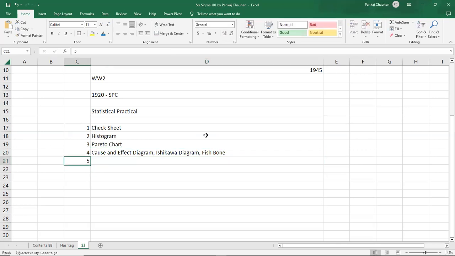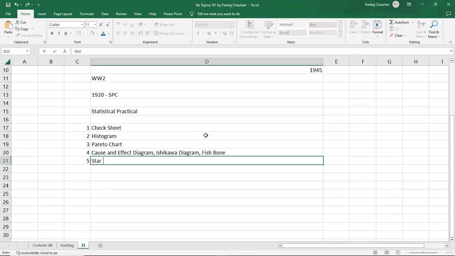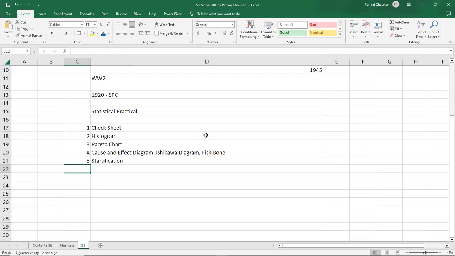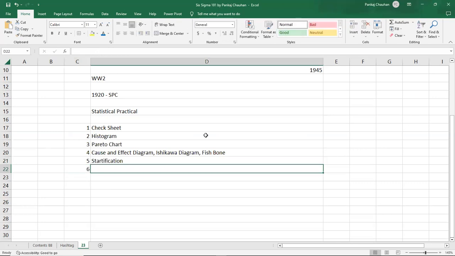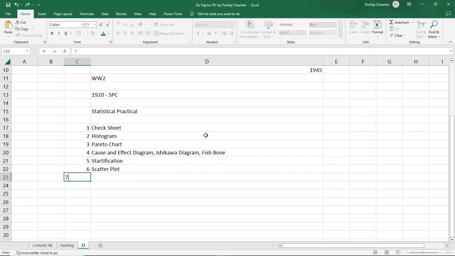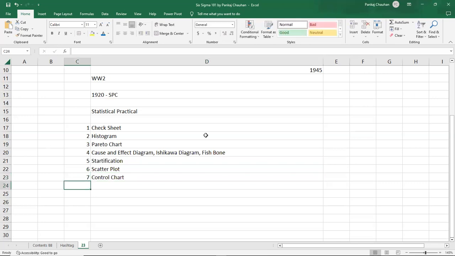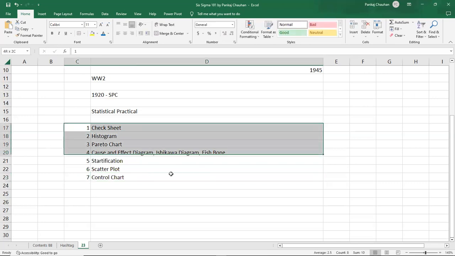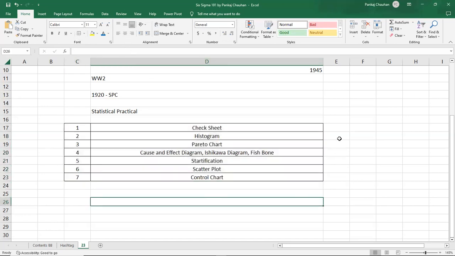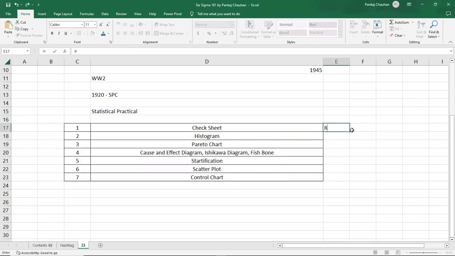Number 5, stratification. Number 6, scatter plot. And number 7 is the control chart. So these are the basic 7QC tools, though you must have heard about many other problem solving tools as well. Maybe you heard about the run chart, I'm just giving some names.